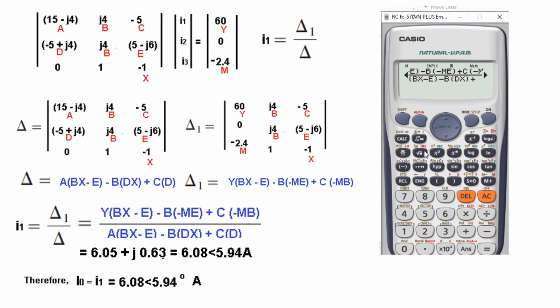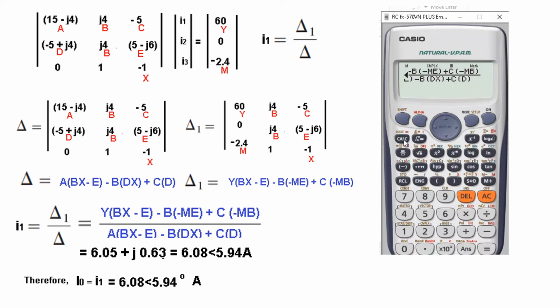So plus c and bracket d, bracket close. So this is how we have entered the values that were assigned for the matrices.